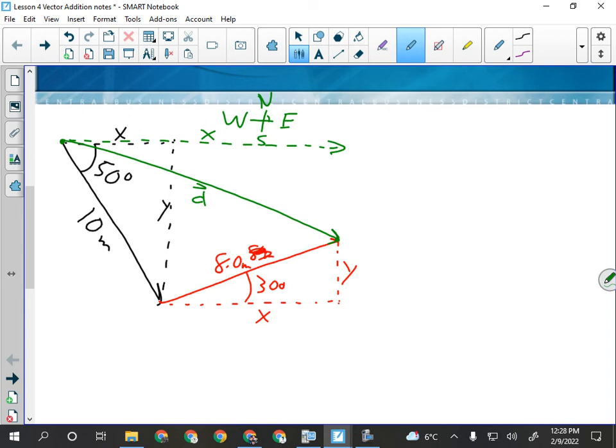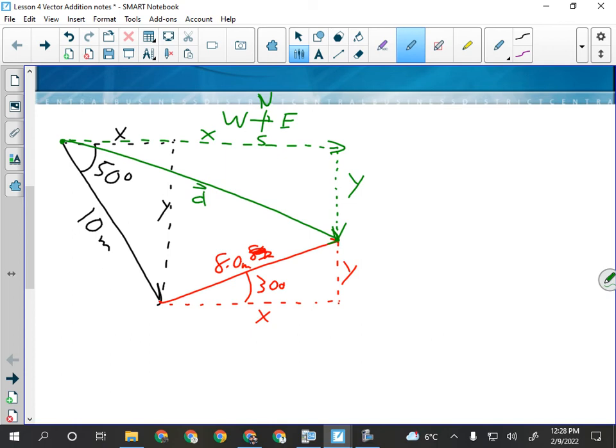This line here represents how far south the object goes over the whole trip. Because that line is vertical, that's the object's total y component. Now, each part of that trip also has an x and a y component. Okay?